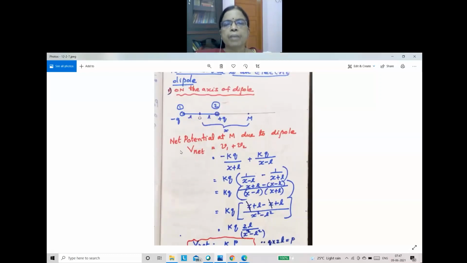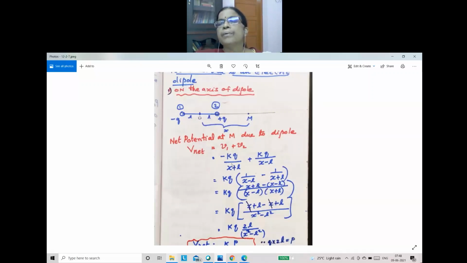Then we know the net potential. How will you find the net potential at M? First find the potential due to the minus Q charge, then find the potential due to the plus Q charge, then take the sum of that. Yes, we have the superposition principle. Just like that, we have to add all the potentials. So first one, what is the potential due to the minus Q charge? 1 by 4 pi epsilon 0, which we write as K here.